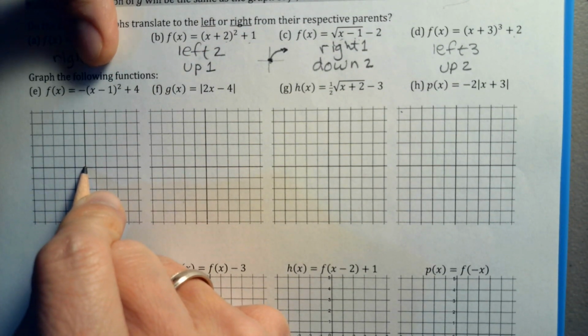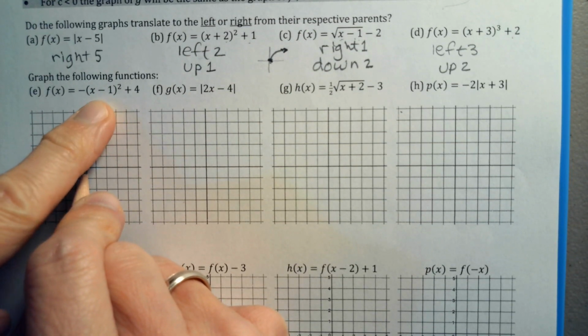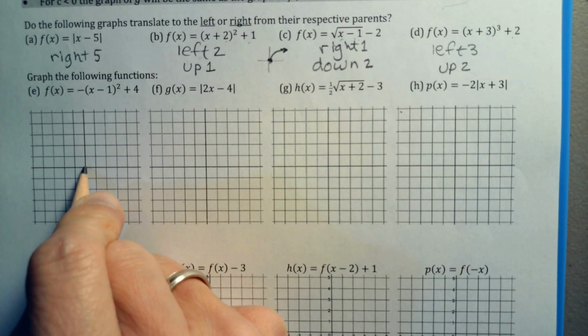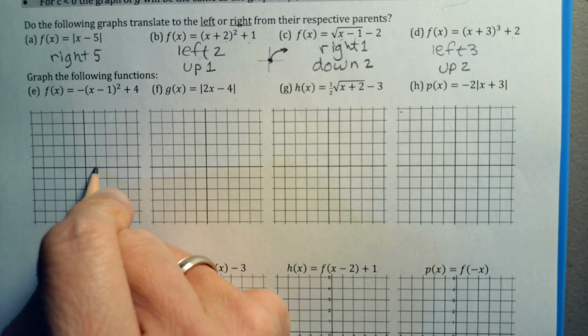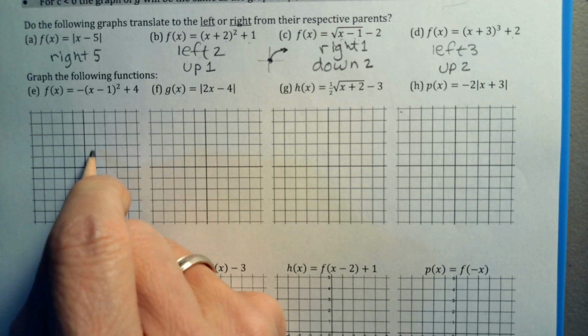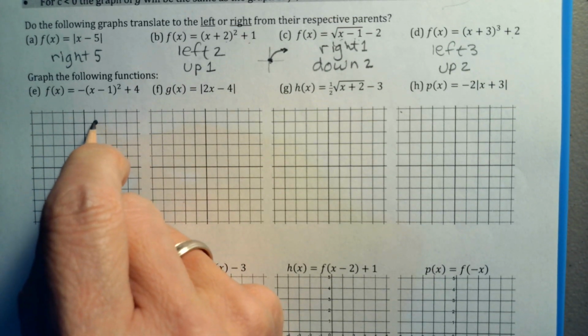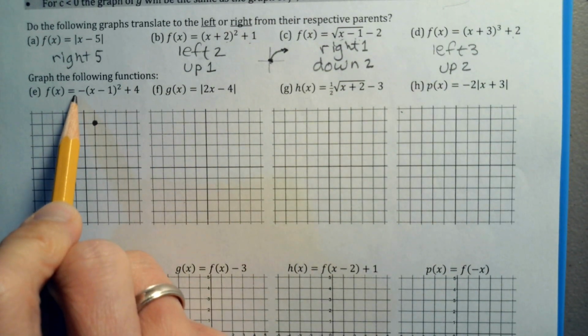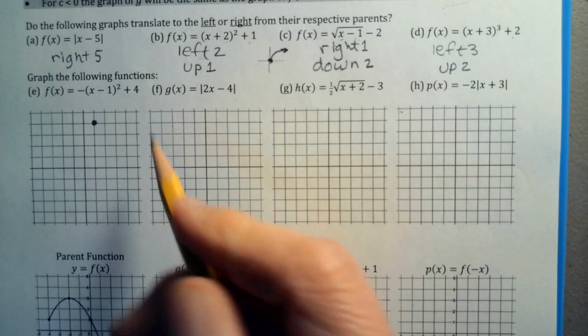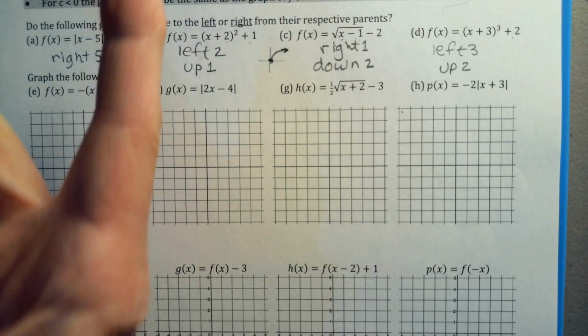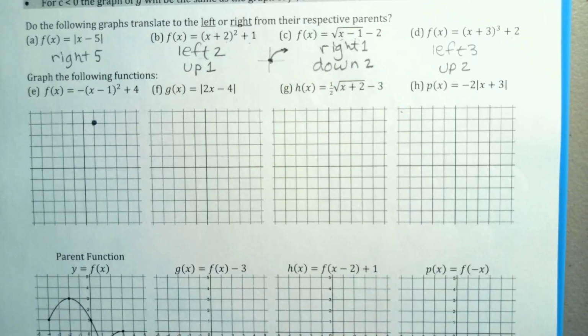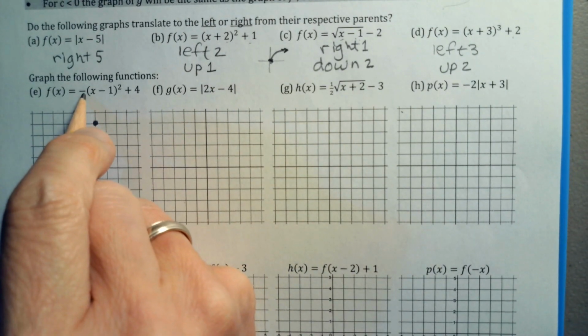We have x minus 1, so that means we're going to go positive 1, and then up 4: 1, 2, 3, 4. And then the negative in front means that we're not opening this parabola up, but instead we're switching it and going down. But it's a 1 in front, right?